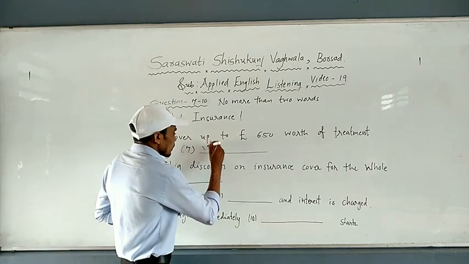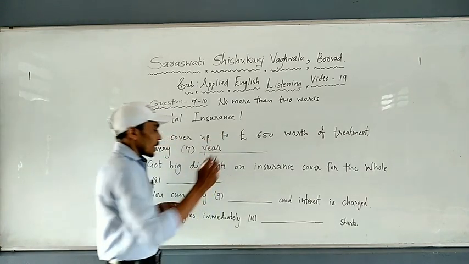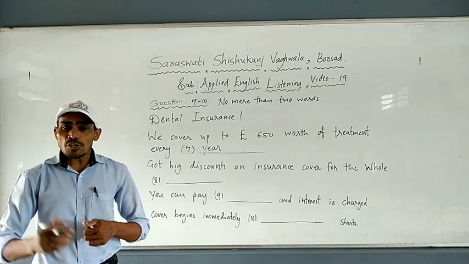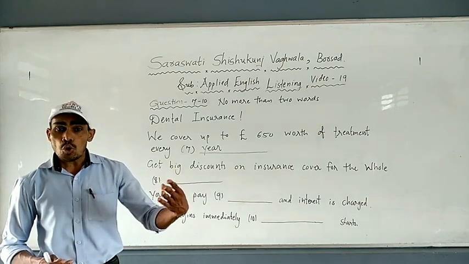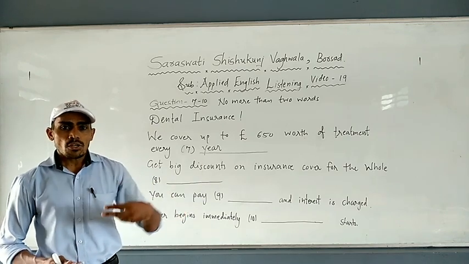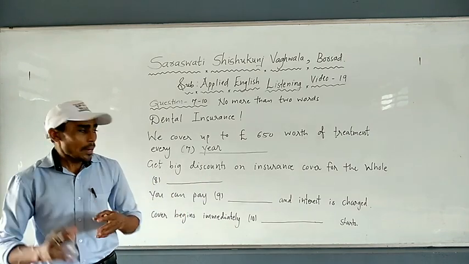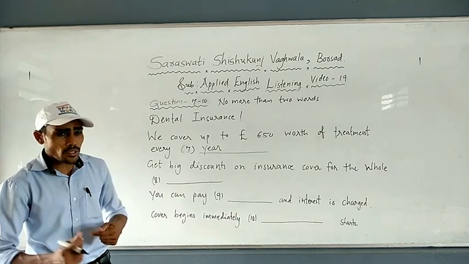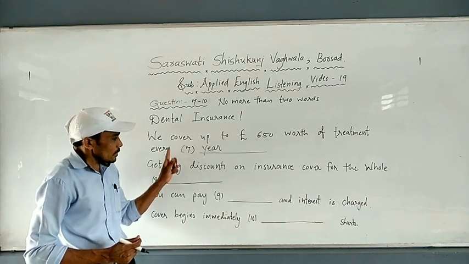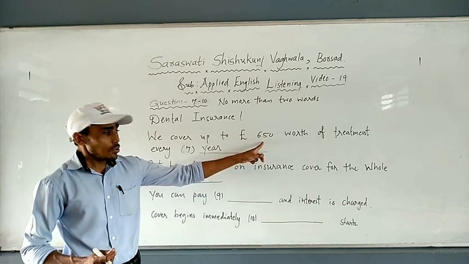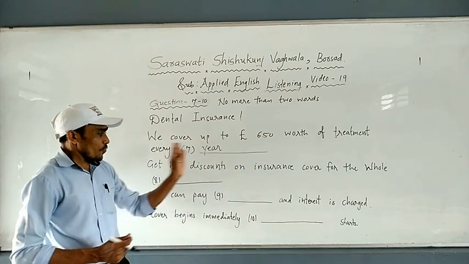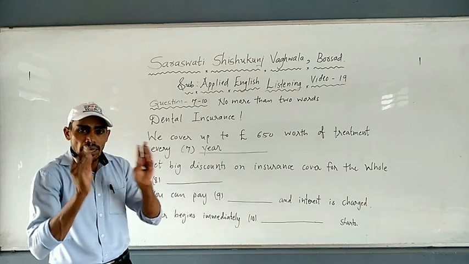What is the correct answer? Every year. Okay. And in the beginning, the patient says, yes, my teeth begin to show signs of aging and it requires a lot of treatment. So is there any insurance? So what is the correct answer? We cover 650 pounds worth of treatment every year. So the answer is every year.